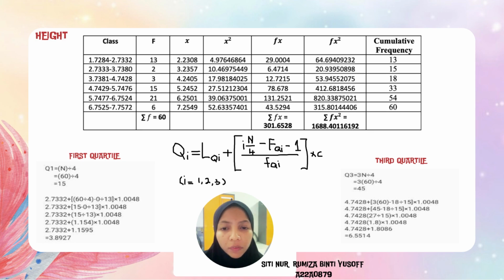This graph is about height data. So we have to find the first quartile. So we have to find N first. N divided by 4. So N is 60, divided by 4 is 15. So we have to get LQ1.